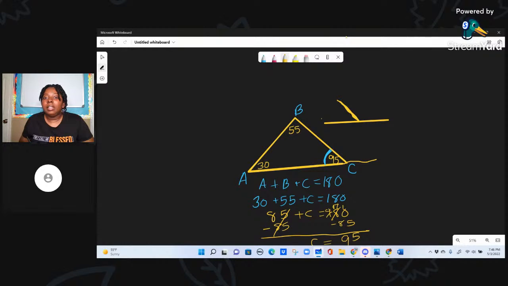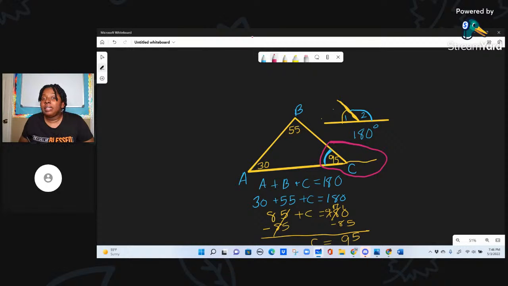This angle right here and this angle would also together add up to 180 degrees. So if the line is 180 degrees, then angle 1 and angle 2, when I add them together, they equal 180. That's what we have right here. You see it? Yeah. Okay.